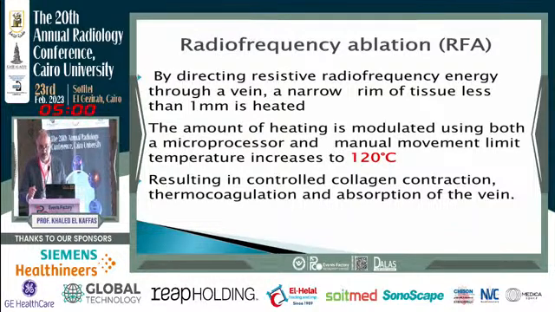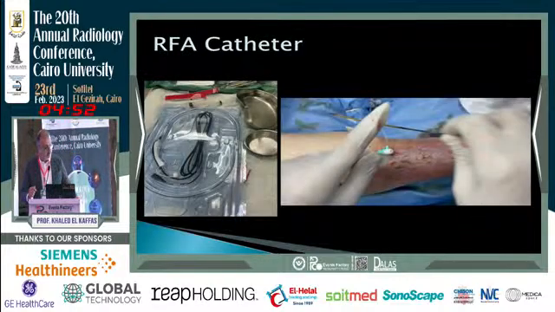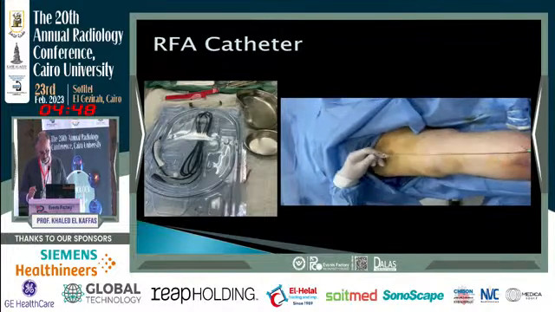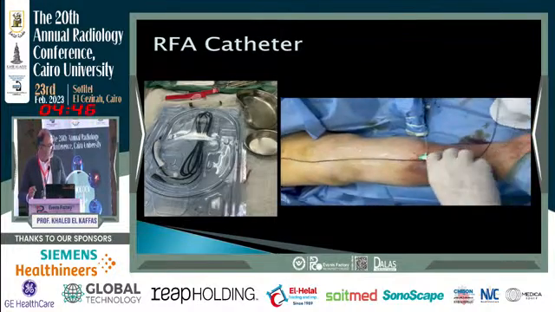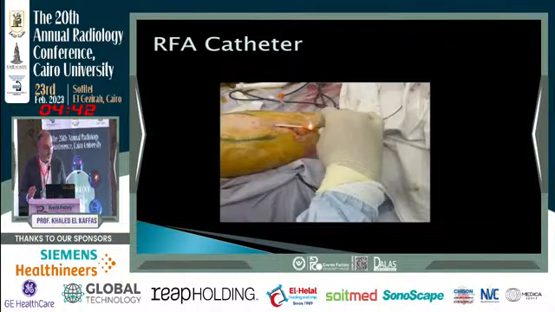It heats the vein to 120 degrees centigrade. Here's the catheter, the ClosureFast catheter. It's a segmental ablation. We heat 7 centimeter by 7 centimeter, as I'm showing here in this video. Here's the catheter placement inside the vein. Then we ablate the vein 7 centimeter by 7 centimeter for 20-second intervals.